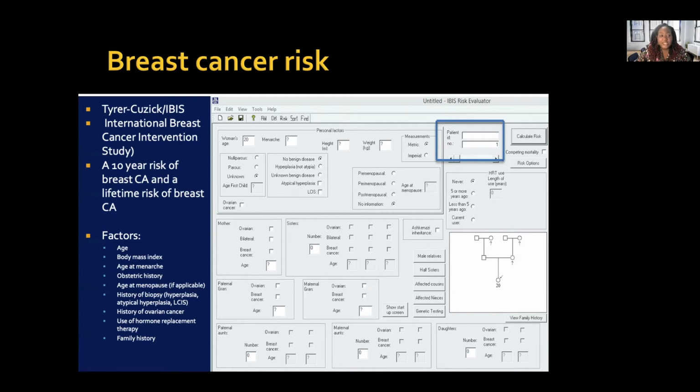So this does take that into account, which will increase your risk. If the patient has had a history of ovarian cancer, if there's been any use of hormone replacement therapy, and it takes into account their family history, and you can put multiple different family members in it.